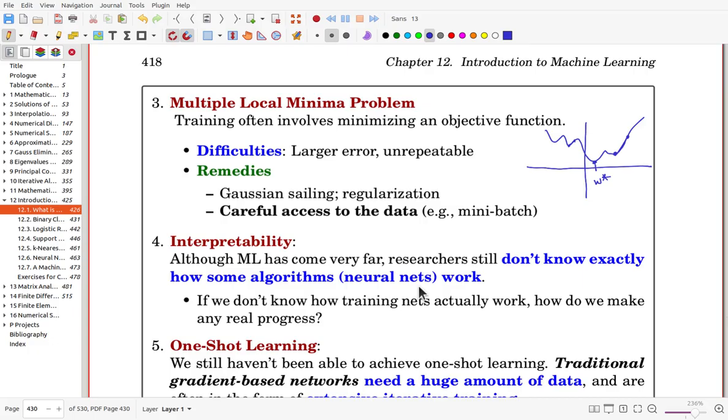If we don't know how trained networks actually work, then we cannot make real progress. So understanding the algorithm is really a crucial issue. In modern machine learning, for society, the most important one is interpretability.